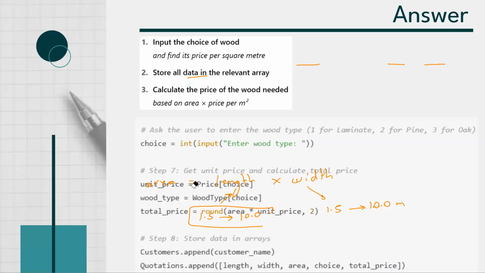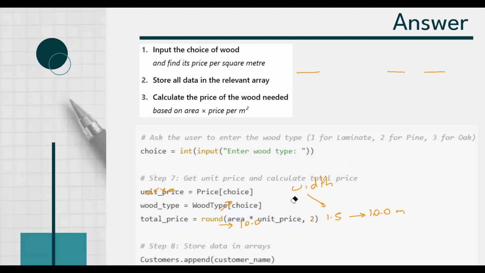first of all, we have to input the choice of the wood. To input the choice of the wood, we know we have three types of wood: laminate, pine, and oak. Laminate has index 1, 2 for the pine, 3 for the oak. Then we will have a number from those three, so the number needs to be 1 or 2 or 3, nothing more, nothing less.